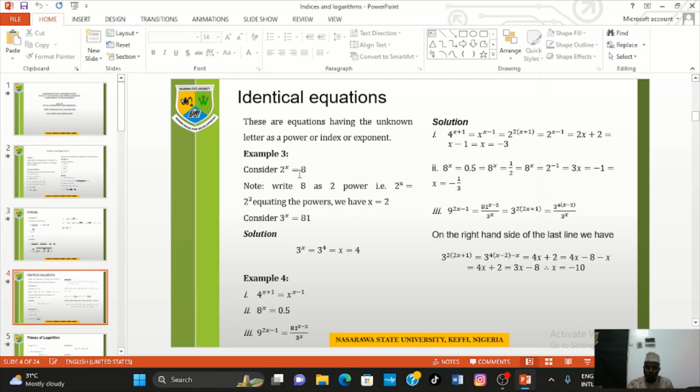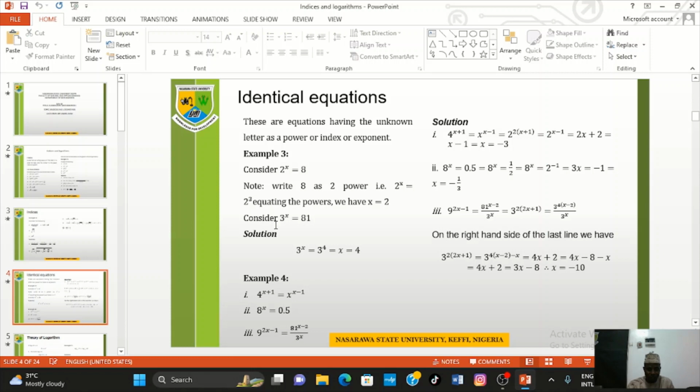So you have to make the base the same. If the bases are the same, now you equate the power. And that is what was done here. We have 2 raised to the power of x equals 2 raised to the power of 3. Then the base is the same. Equating the power now, we have x equals 2.